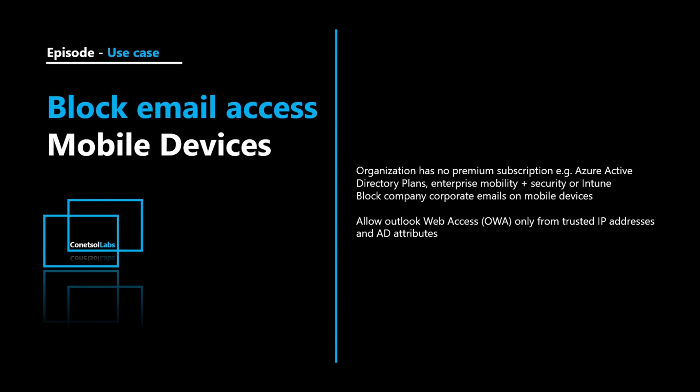Users will be allowed to access Outlook Web Access (OWA) only from trusted public IP addresses and based on Active Directory attributes. We also have to block the Microsoft Outlook mobile application for specific users or company wide.